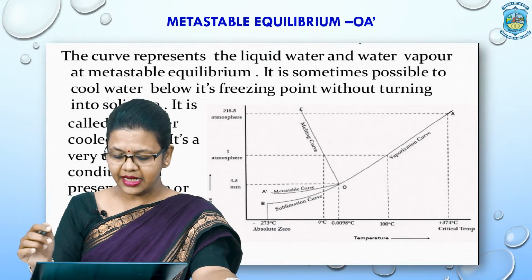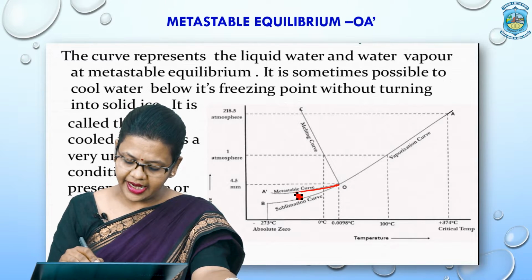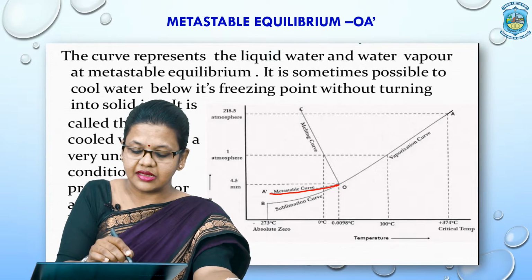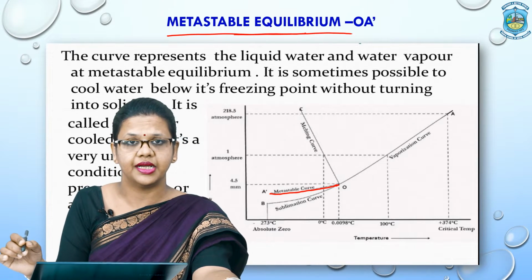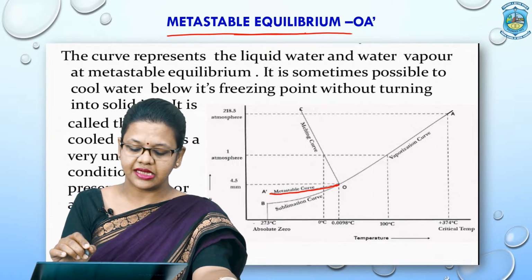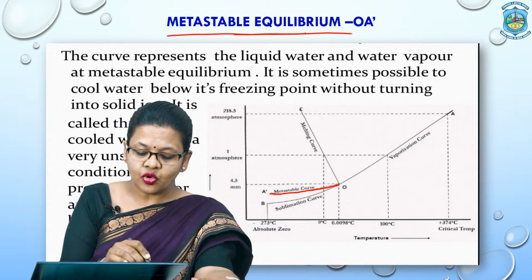Now, moving ahead, there is one more line that we see, the line OA dash, which is just above the sublimation curve, and this is known as the metastable curve or the point of metastable equilibrium. What does it show? That it is sometimes possible to cool water.